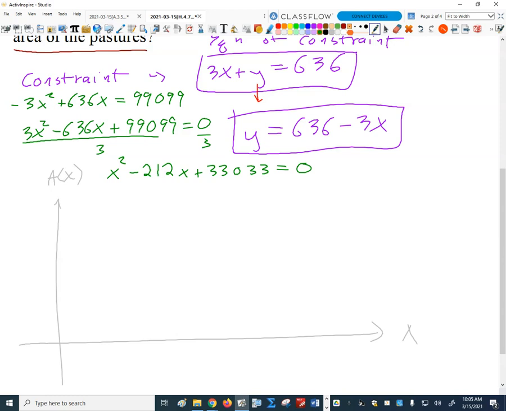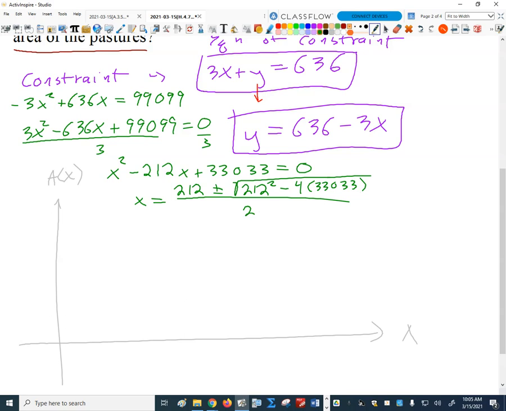It might factor, but who wants to try with those big numbers? So we would just use the quadratic formula. So x equals negative b, so that's positive 212, plus or minus the square root of negative 212 squared, we'll just square positive 212, minus 4 times 1 times 33,033, all divided by 2.